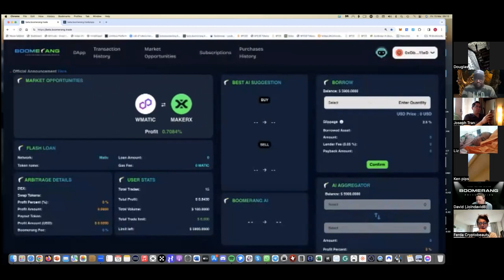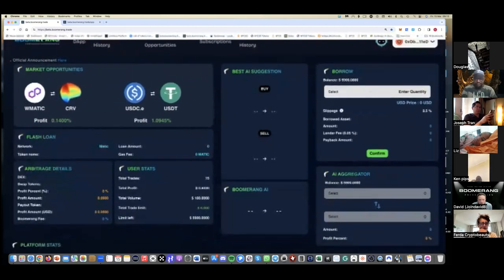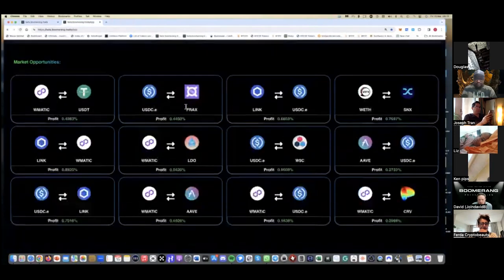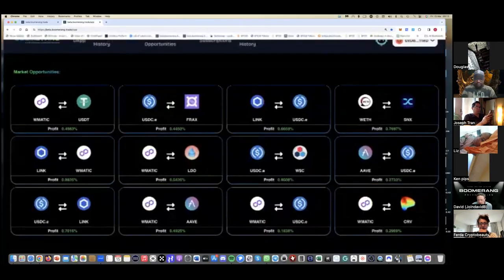No, let's see if we have more luck in this one. Where's this one too? Yes. And let's see for another trade.